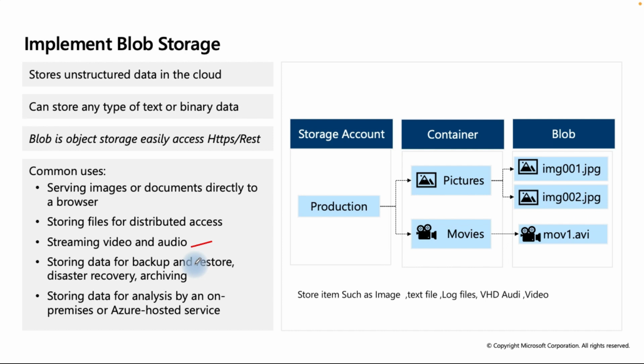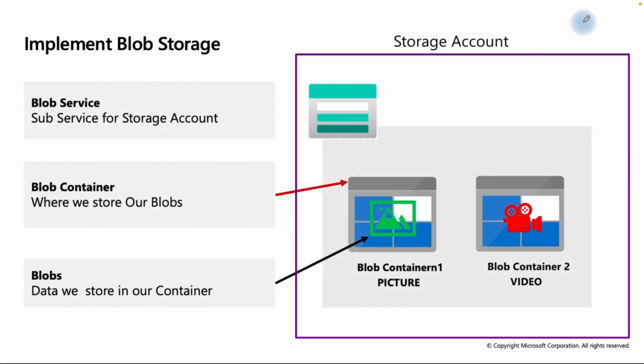Okay, so let me go through one picture of how blob storage is set up. This is the blob storage account, a storage account in the Azure portal. After you make the storage account, you get one blob service.